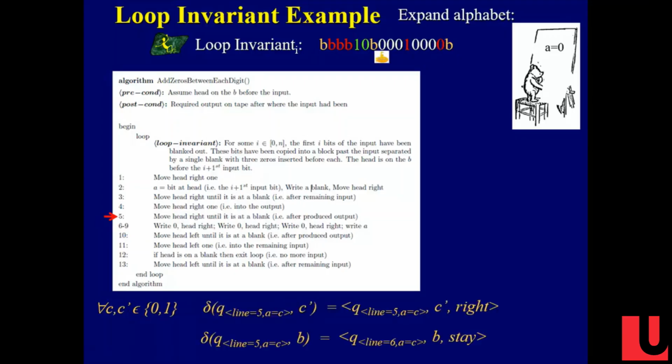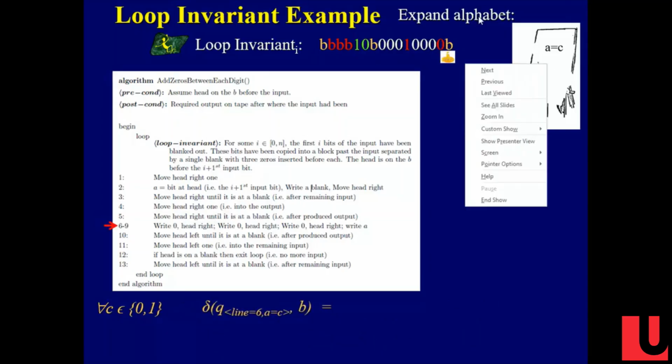I moved right until it was a blank, and this time I decided to keep the blank there and go into line 6. You could do different things. Now I'm in line 6. What do I do? I write a 0, move right, write a 0, move right, write a 0, move right, write a 0. How do I keep track of how many zeros I've done?